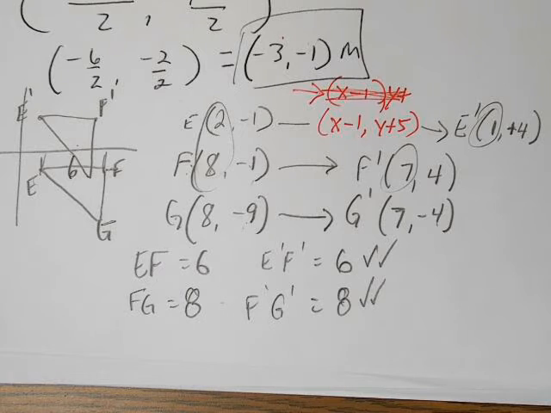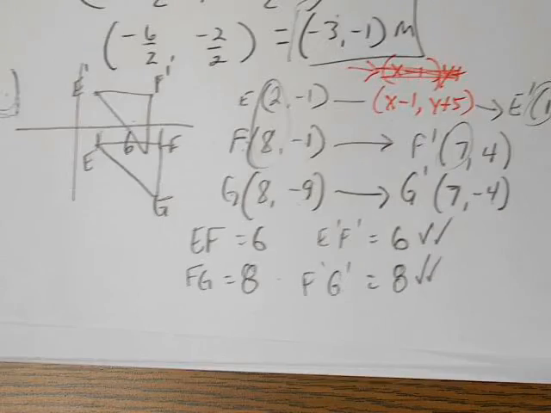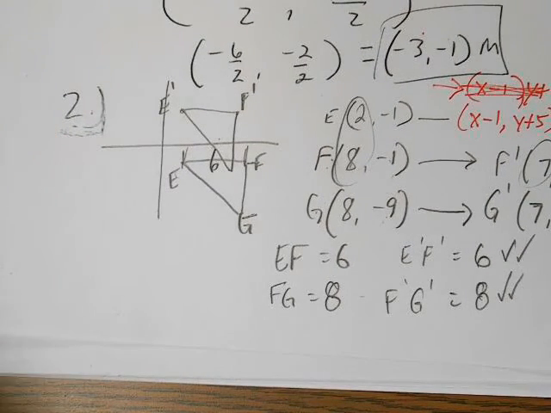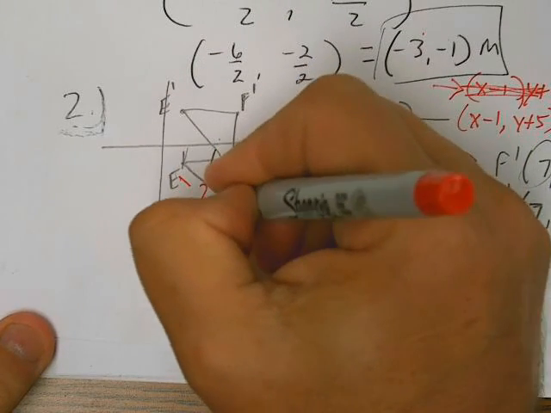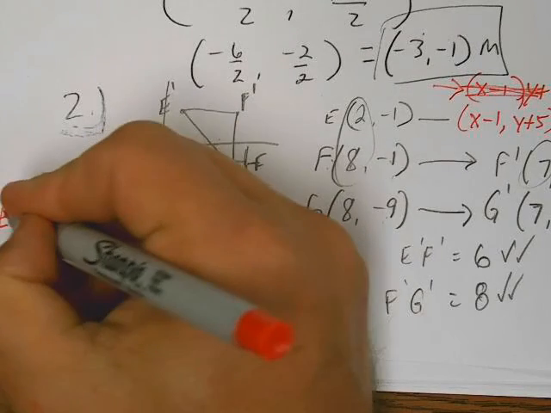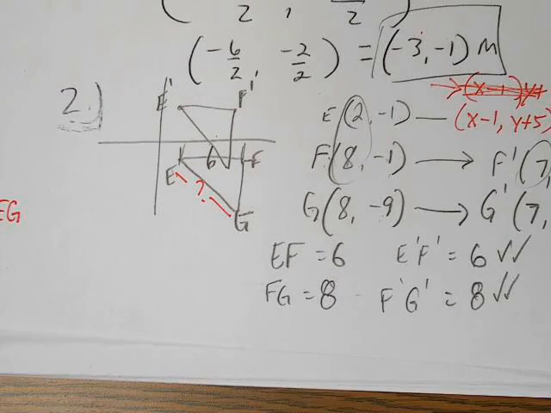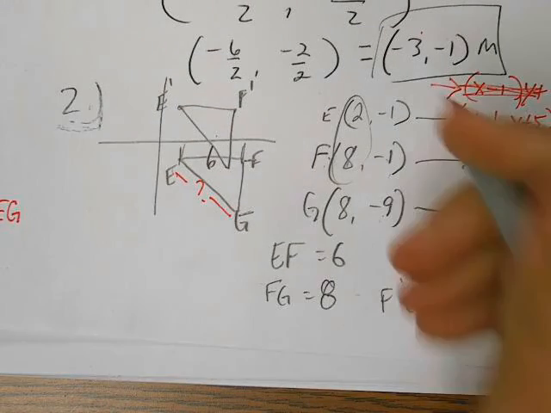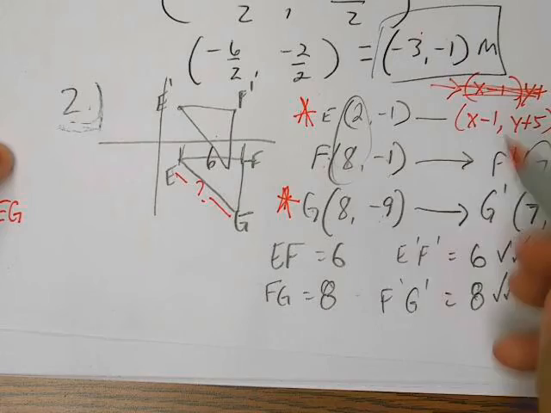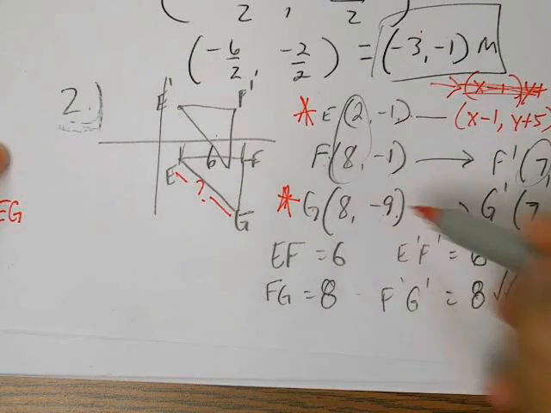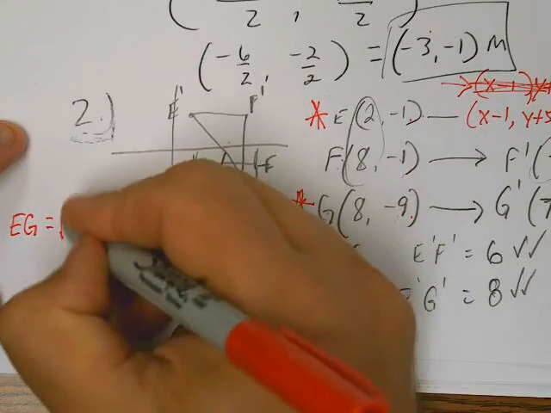Okay, the only one that's going to require us to use the distance formula, and I'm going to come over here to the left a little bit, is E to G. I'm going to put a question mark there, so the distance of EG. I'm going to use these two coordinates with the distance formula.